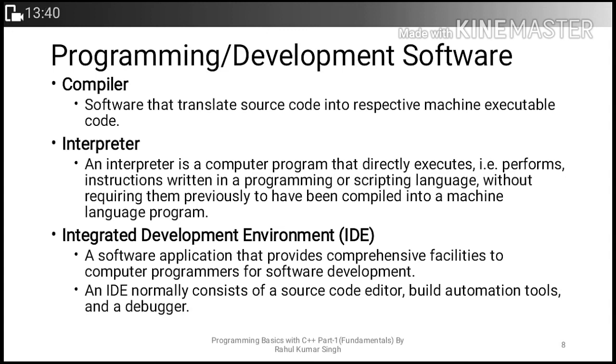That's called an IDE, integrated development environment. Nowadays many IDEs exist for different purposes and different application development. Some examples are Dev C++ for C++, Android Studio for Android development, and Visual Studio for Microsoft application development.